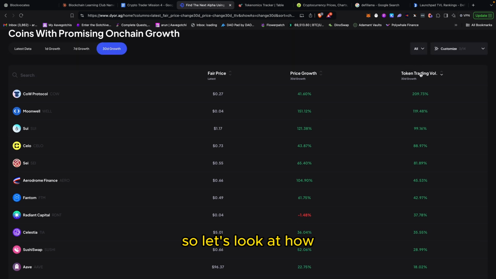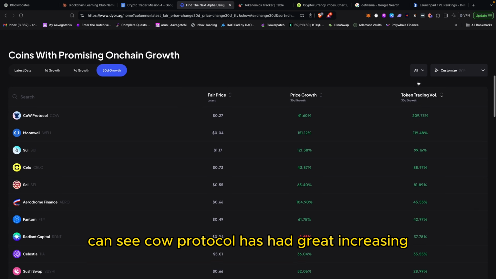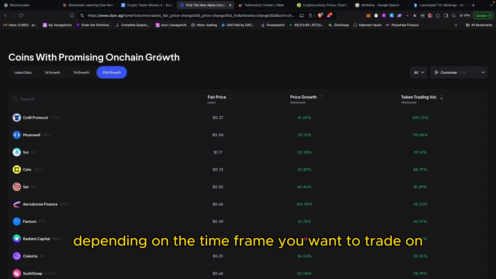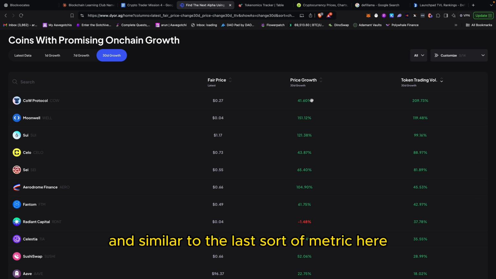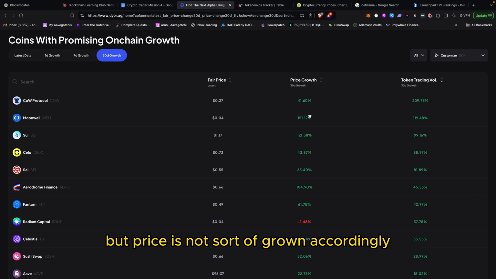So let's look at how the token trading volume has been going. You can see Cow Protocol has had a great increase in 30-day growth, and here you can also see 1-day growth. You can get the latest data, 7-day growth, depending on the time frame you want to trade on. And similar to the last metric, we can look at projects which had a great increase in token trading volume, but the price has not grown accordingly.